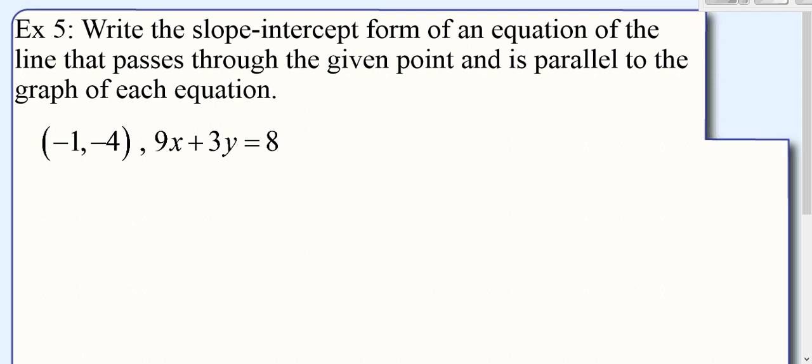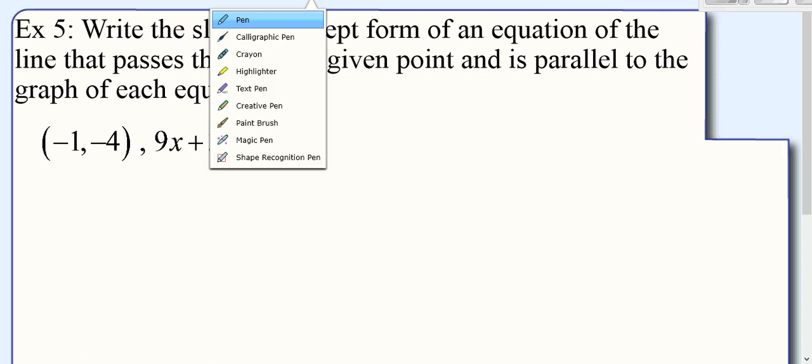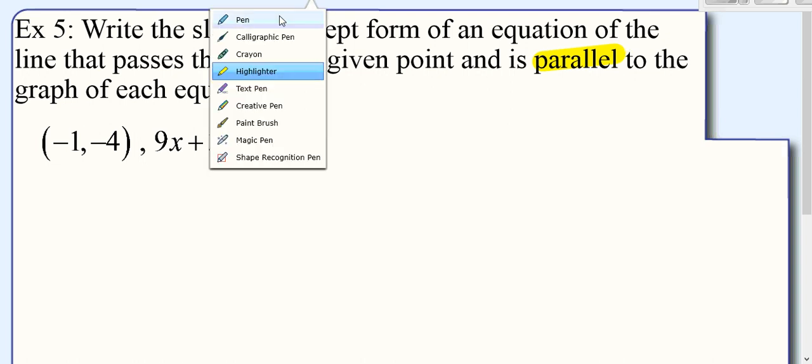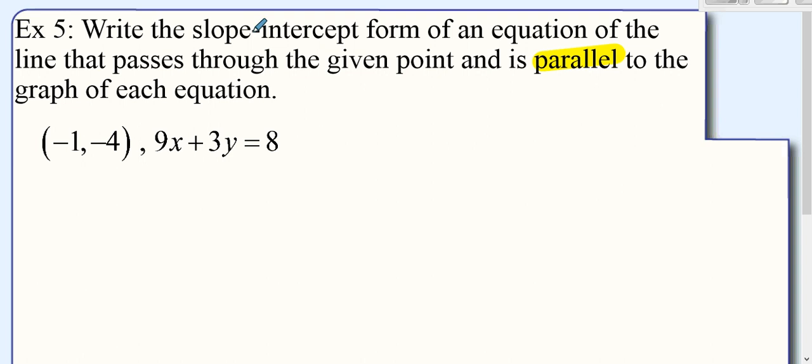So since we are looking for a parallel line, that means it's going to have the same slope. Parallel means it's going to have the same slope. So we're looking at this equation. We need to know what the slope is. To figure out the slope, we're going to convert it to slope-intercept form.